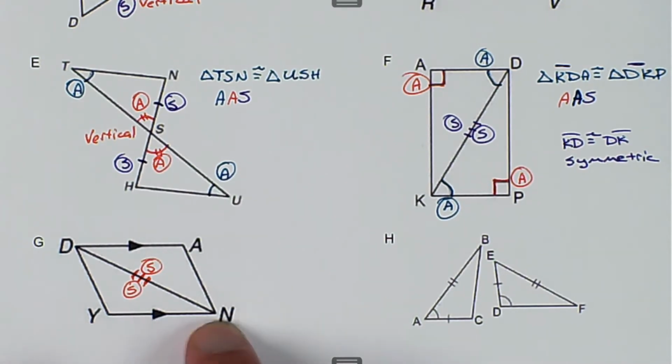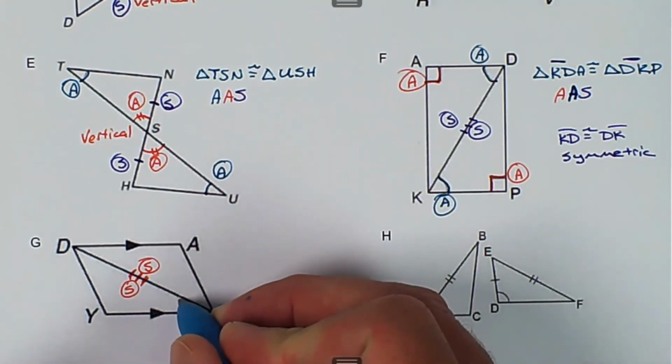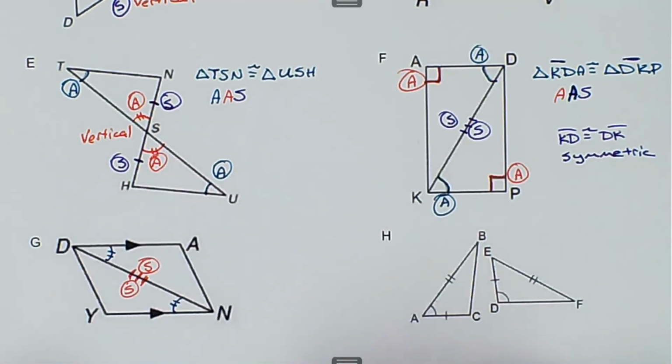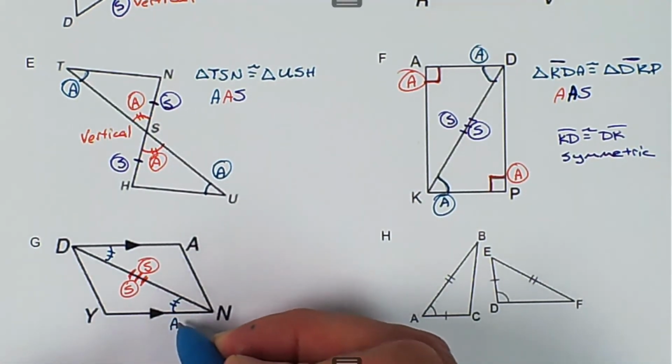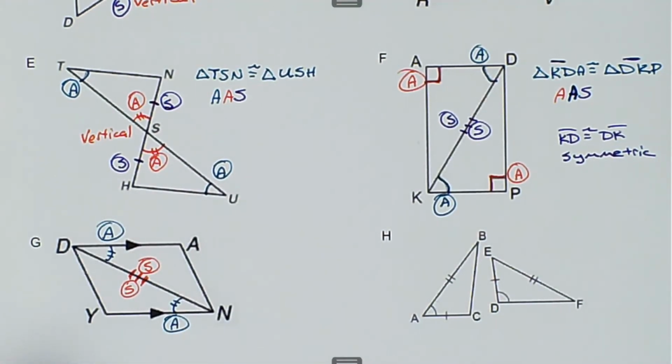And then we have two parallel lines cut by a transversal. So we know that alternate interior angles are congruent. So that gives us our angle. But from this point on, we don't know enough other information.